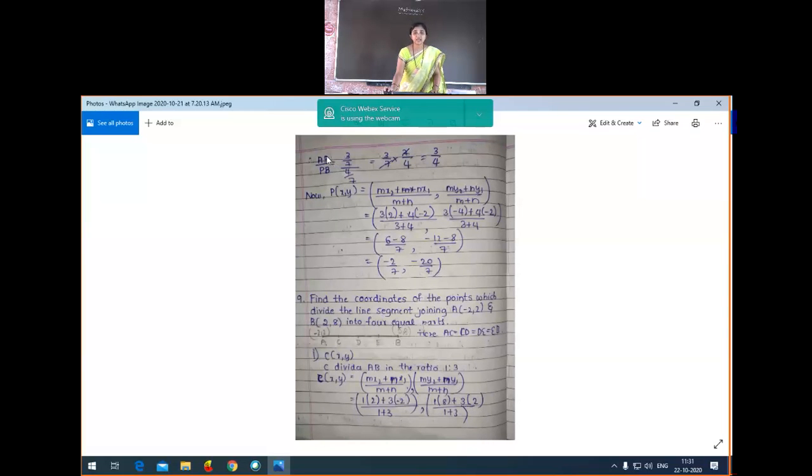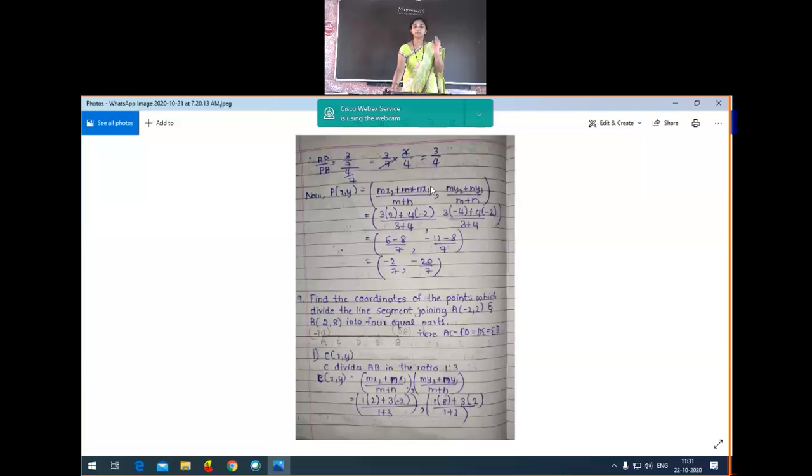So AP/PB equals 3/7 divided by 4/7. After simplification, take the reciprocal, 3/7 times 7/4. The 7s cancel, so the answer is 3/4. So AP divided by PB equals 3/4, and now we have the ratio.